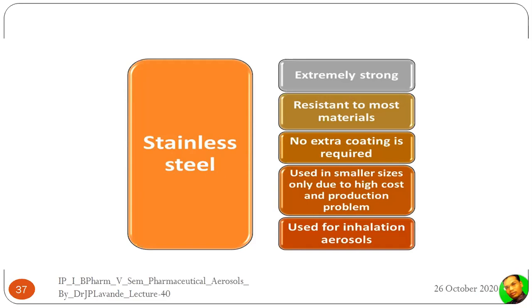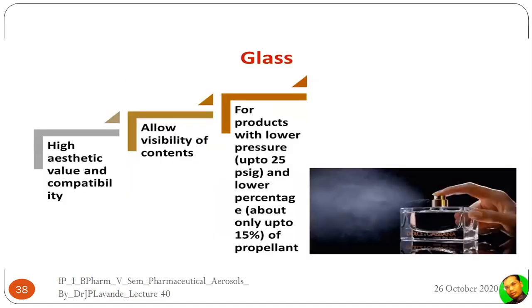Their use is limited in case of small sizes, because for a small volume of product, if you go on using stainless steel, as it is expensive, that will increase the product cost. And again, they have production problems because of their strong nature, so to use them as a container in small sizes may not be acceptable. These are going to be used for inhalation aerosols.